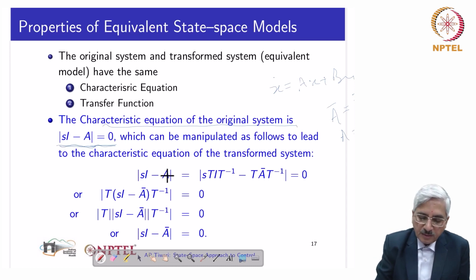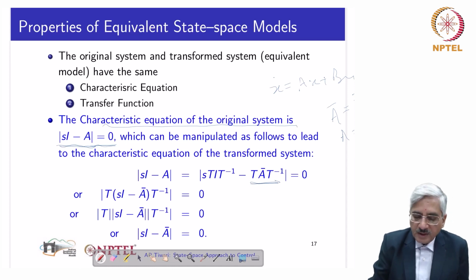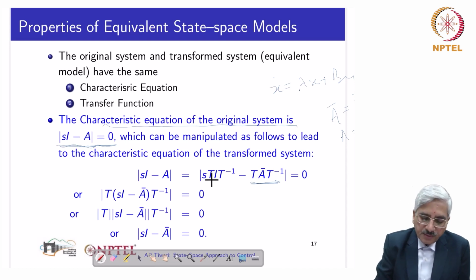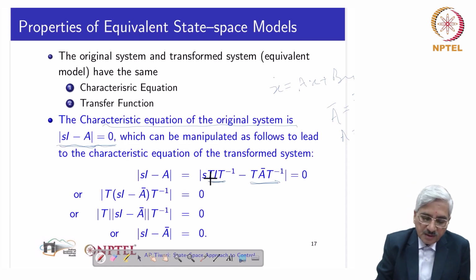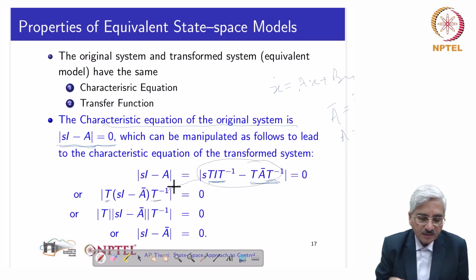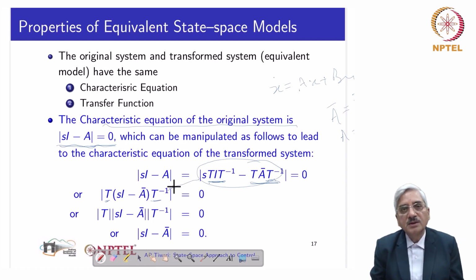So we do this substitution in place of A, and also in place of the identity matrix I, we substitute T T inverse. Then we take T out on the left and T inverse common on the right. So we get T times sI minus A bar times T inverse, and the determinant of the whole thing will be 0.